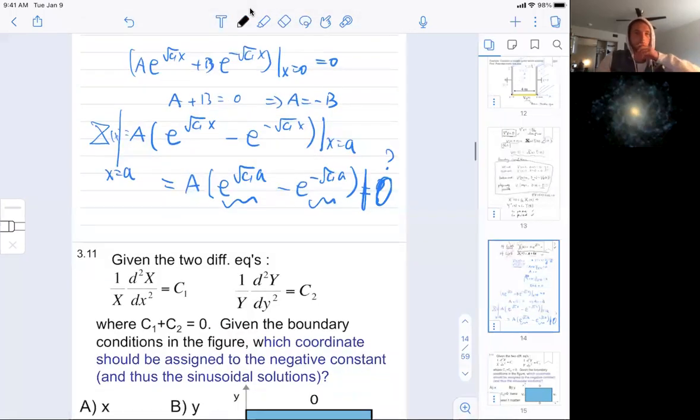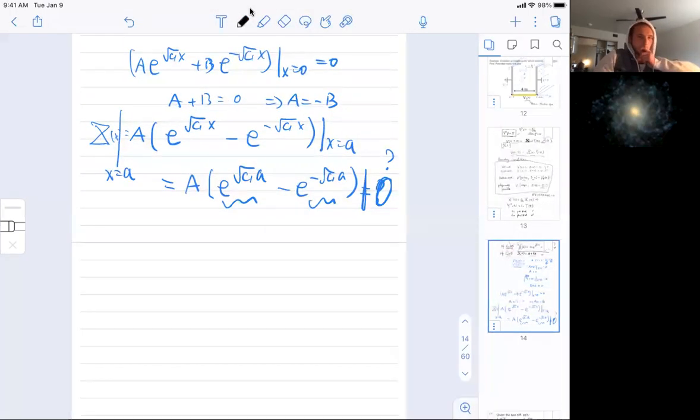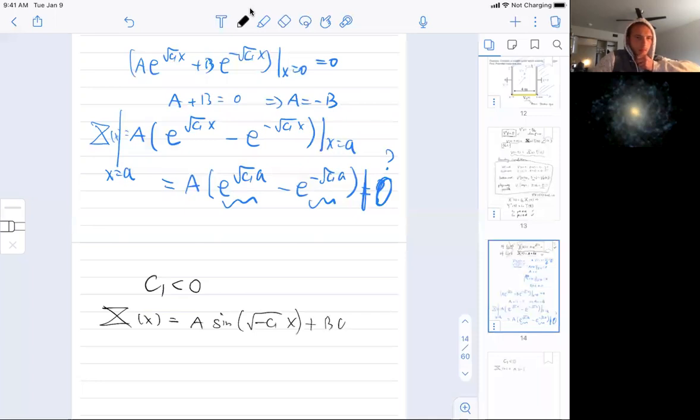Okay, so by eyeballing this, we figured out the only solution is when C1 is less than 0. So it seems like C1 has to be less than 0 and x has to be in this particular format, a sine of negative c1x plus b cosine of negative c1x.